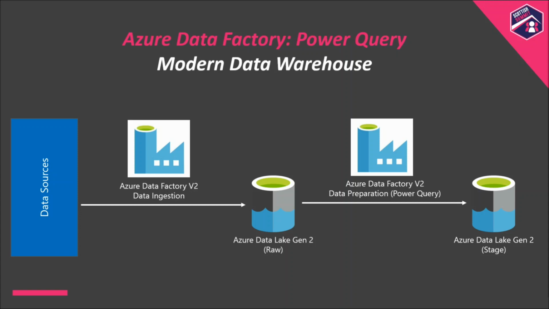The raw zone, as I told you previously, loads the data as is from the source, and the stage zone loads the prepared data for analytical purposes. So that's the raw zone and stage zone for you.